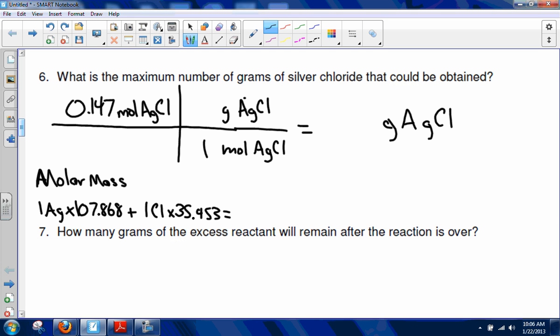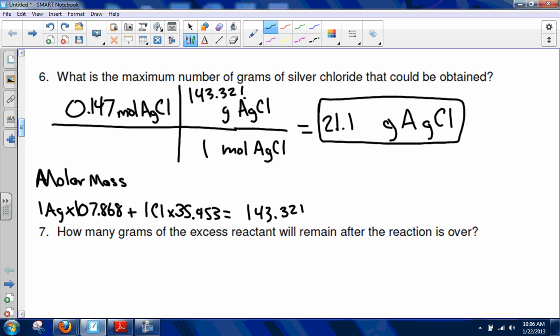What did we get as our molar mass? That's better. Multiply the two numbers together. So 21.1 grams of AgCl, silver chloride.